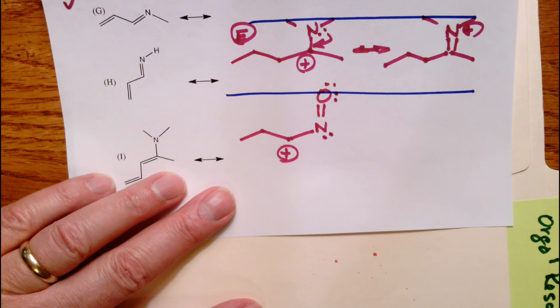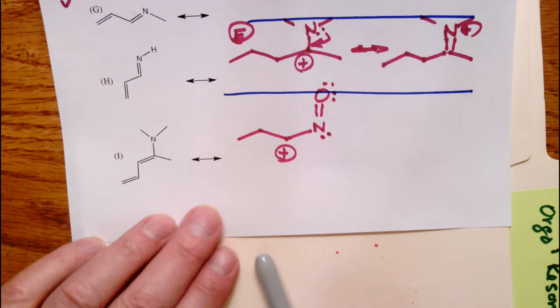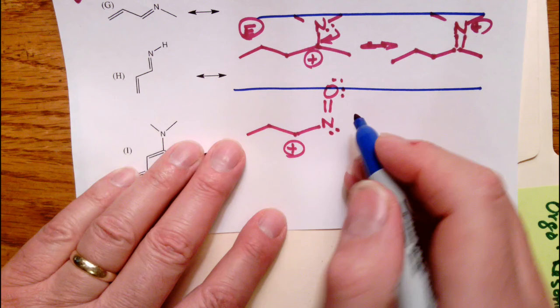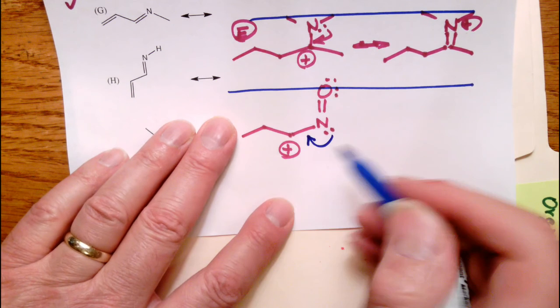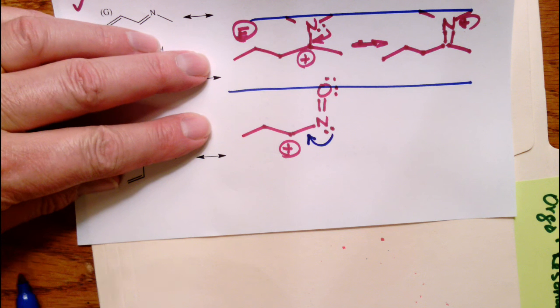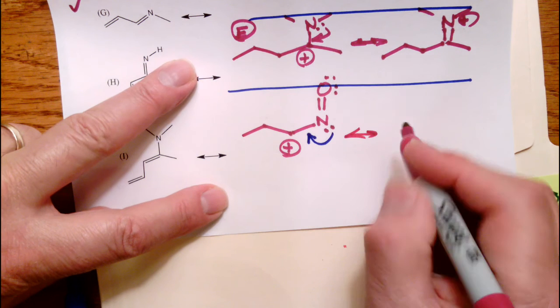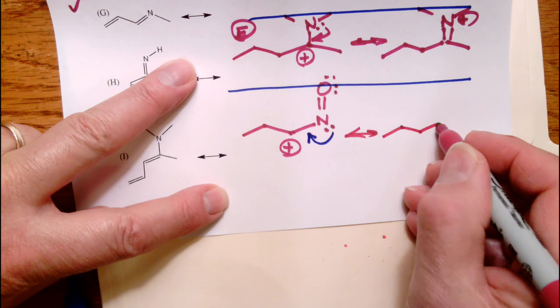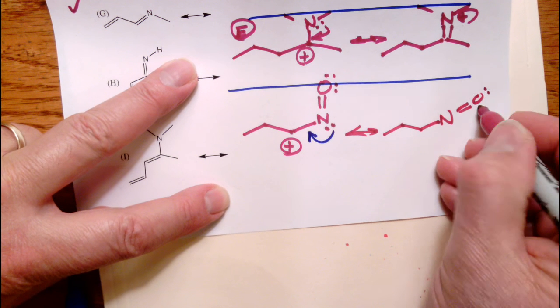If I use a different color, I forgot to use a different color, we can move this electron next to a positive charge over here. So the structure that we have is carbon, carbon, carbon, nitrogen, O. The O is not really changing.